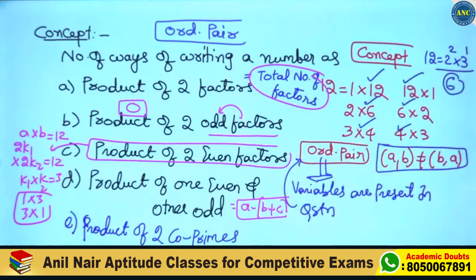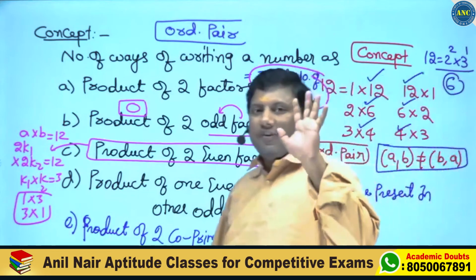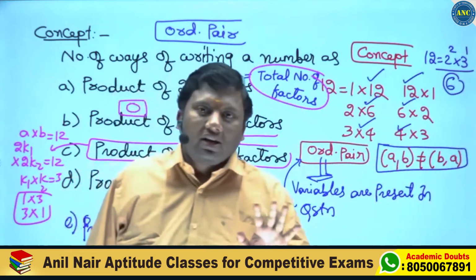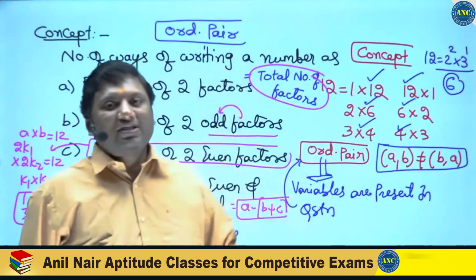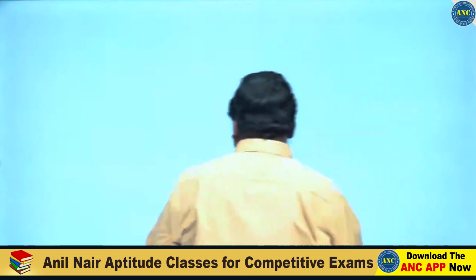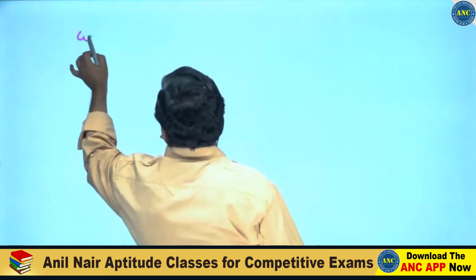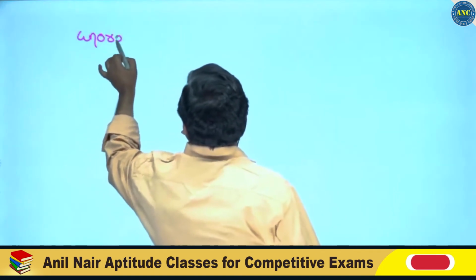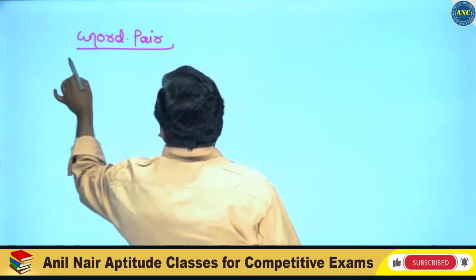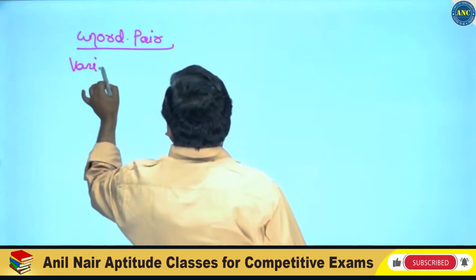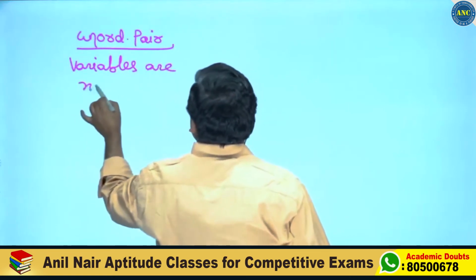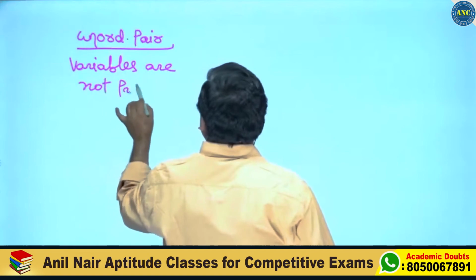If variables are present in the question, then it is an ordered pair. If variables are not present in the question, then it is an unordered pair. Now let me discuss unordered pair. This classification is very important, sir. Variables are not present, then I will use unordered pair.